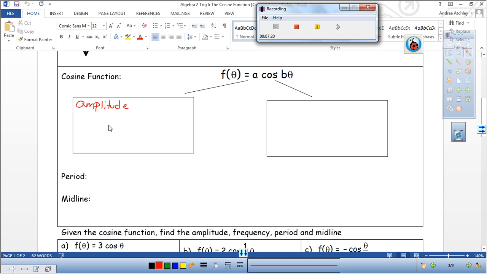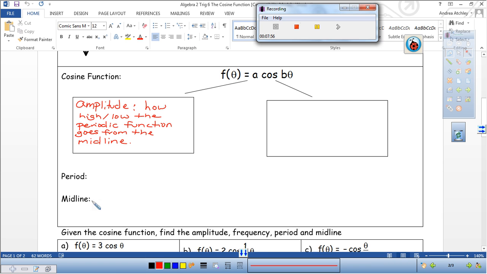How high and how low the periodic function goes from the midline. Okay, so we have to review what the midline is.